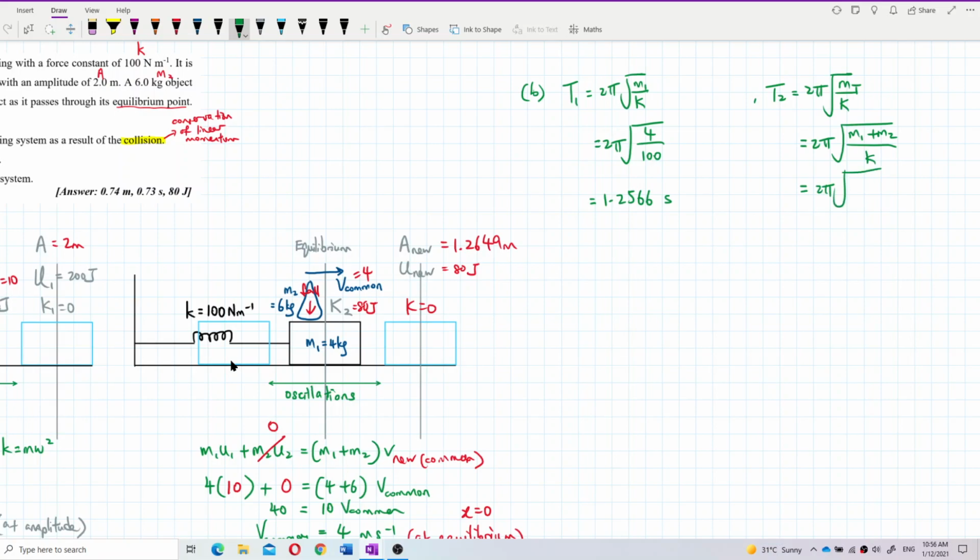So the top now is 4 plus 6, right? 4 plus 6 over 100. So what is the answer? 4 plus 6 is 10. 10 divided by 100, and then square root times 2 pi.